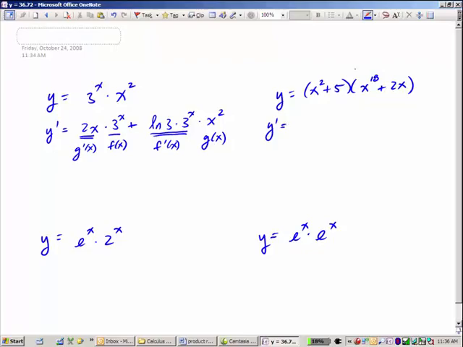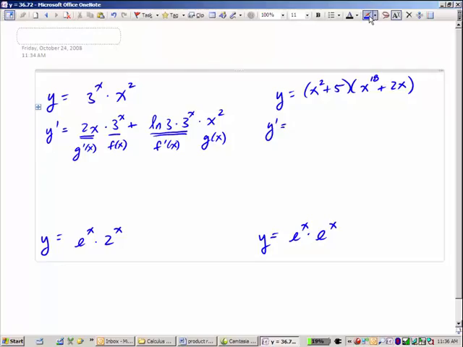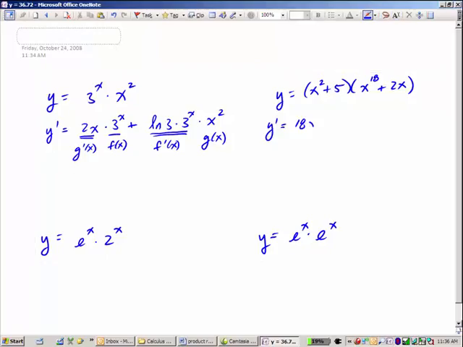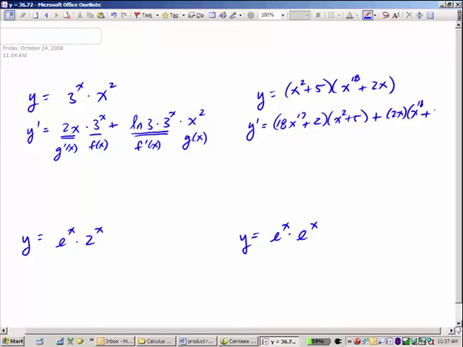Gabby? Would it be 18x to the 17th times x squared plus 5, plus 2x times x to the 18th plus 7?